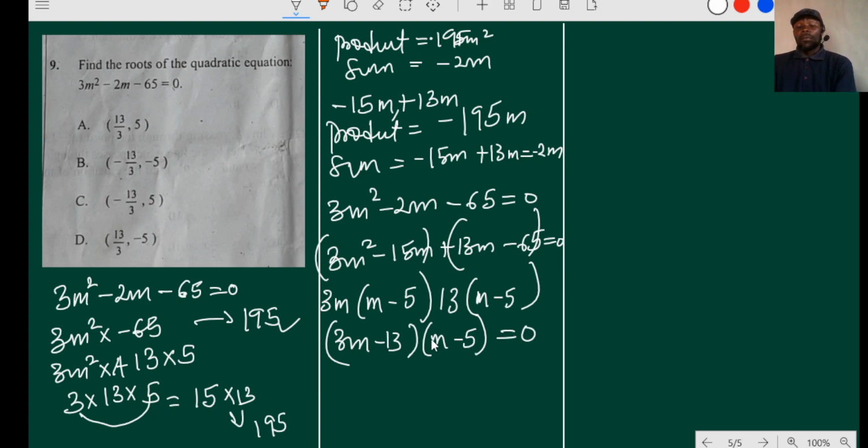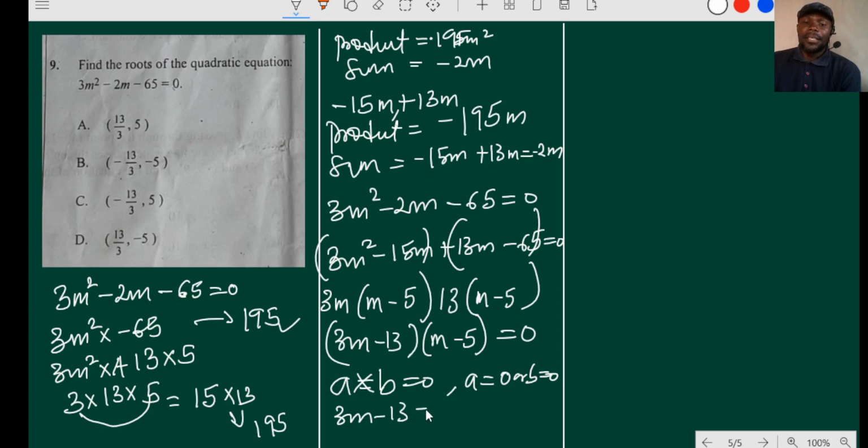I want you to understand one fact, that if a times b is equal to 0, it means that a is equal to 0 or b is equal to 0. So therefore 3m minus 13 is equal to 0 or m minus 5 is equal to 0. So therefore we have 3m is equal to 13 or m is equal to 5.